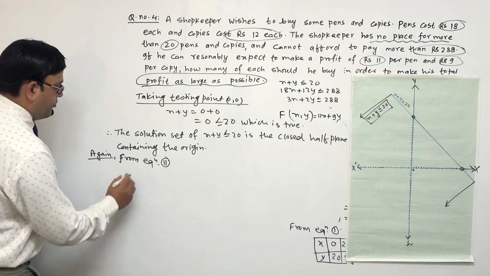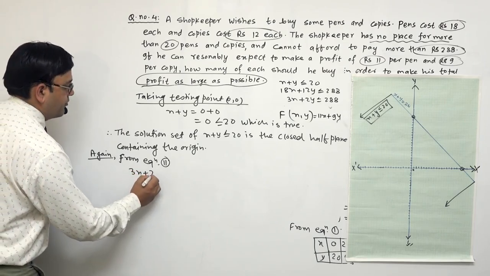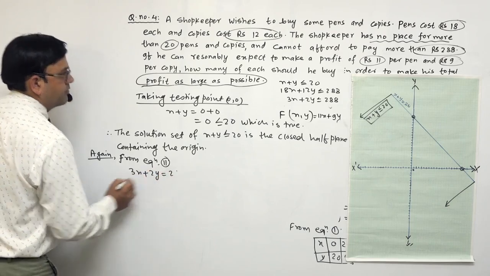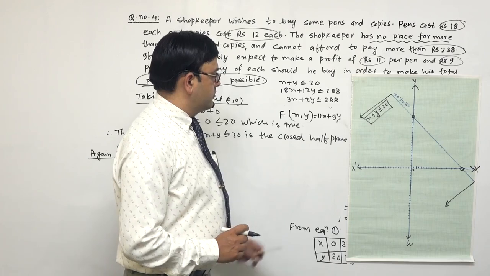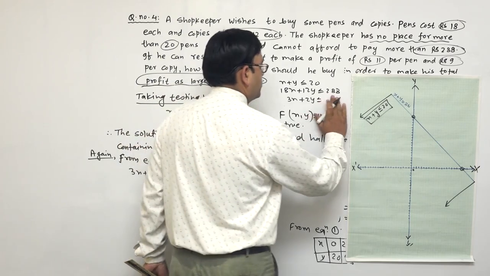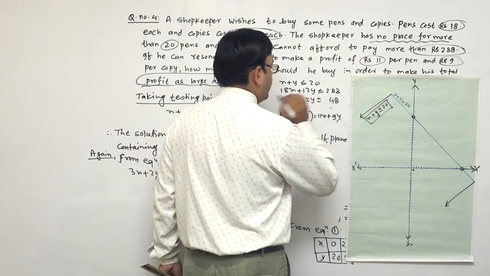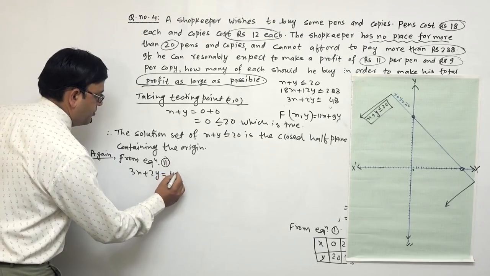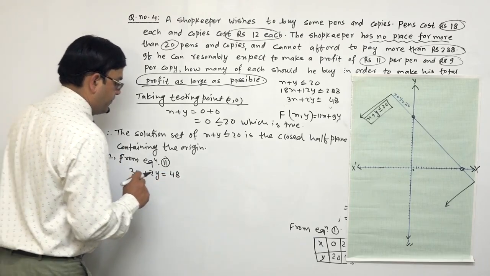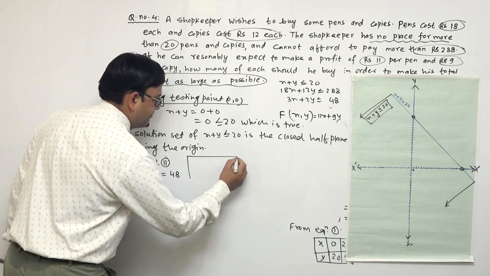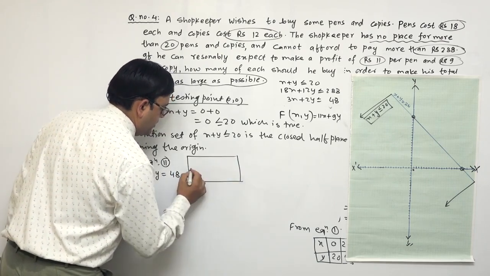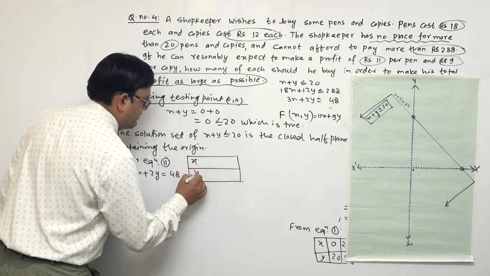We have 3x plus 2y is equal to 48. So let us draw a table which contains x and y.